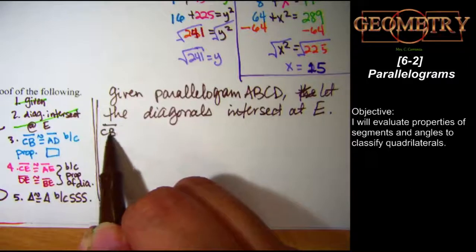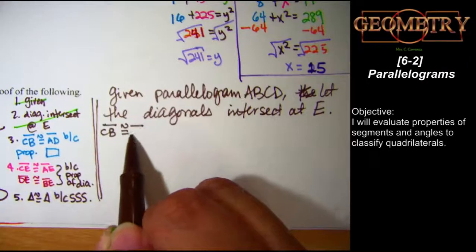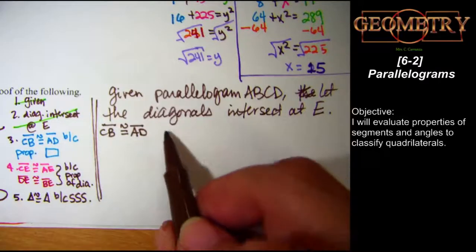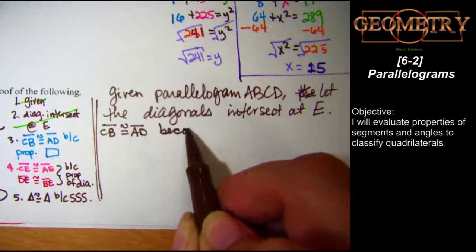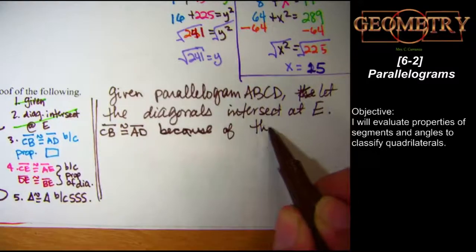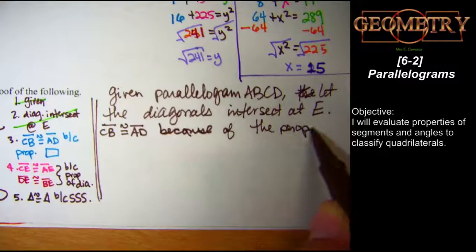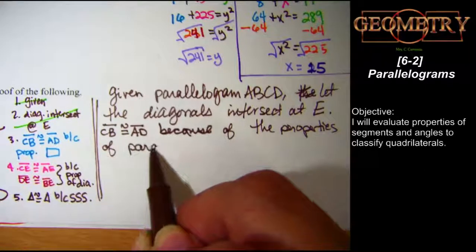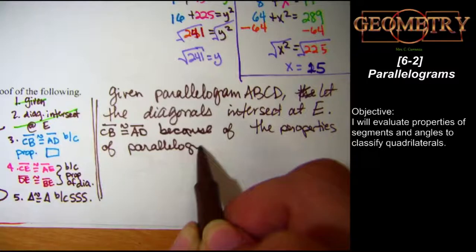I could use symbols here, like this. Line segment CB is congruent to line segment AD because, or due to, that works too, because of the properties of parallelograms.